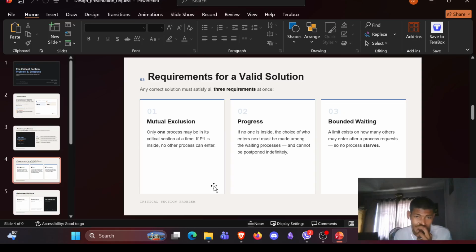Another is progress: if no process is inside, the decision of who enters next must be made in finite time. It cannot be delayed indefinitely.